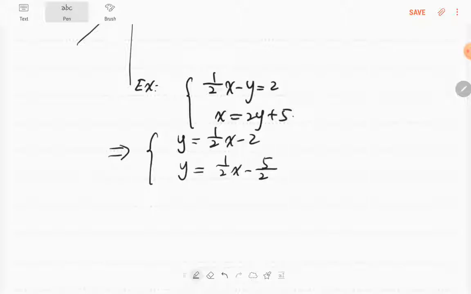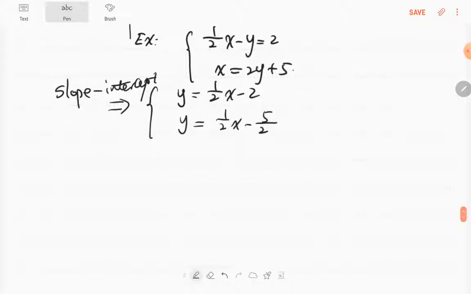So we change the different equation to the slope-intercept form. The slope-intercept form is very helpful to do this kind of question, right?